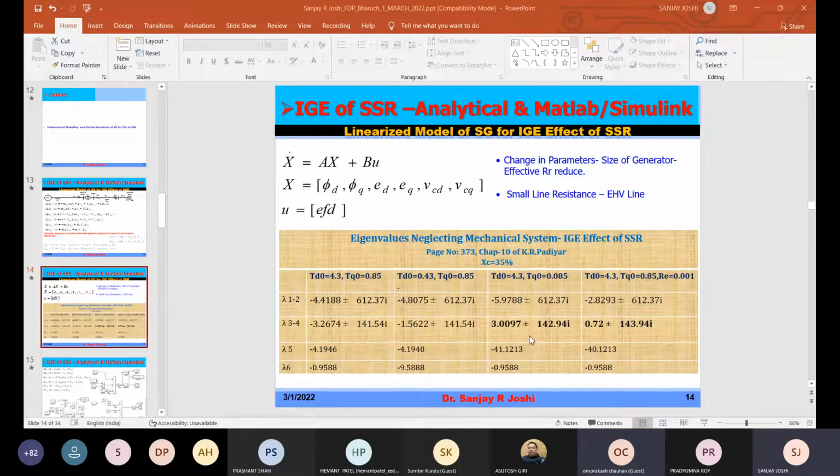So you have seen that I have entered the XC value equal to 0.35. Now, can you see the selected eigenvalues, all of you? I think so, sir. It is not coming. Pardon? MATLAB is not visible. Is it seen? Slide is not moving, sir. One minute, I'll just come there.